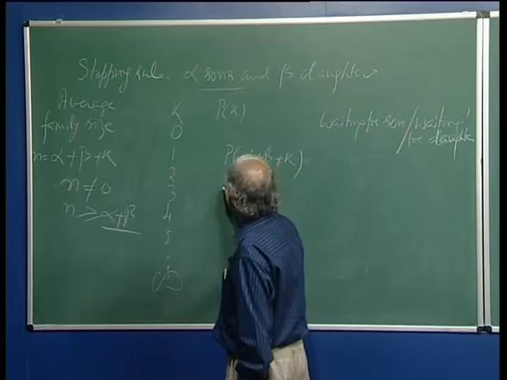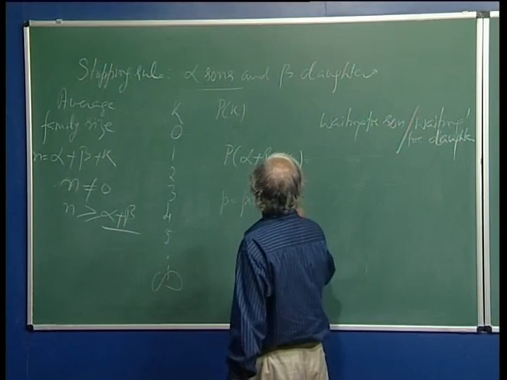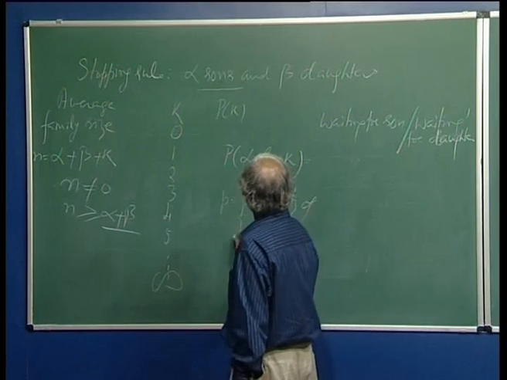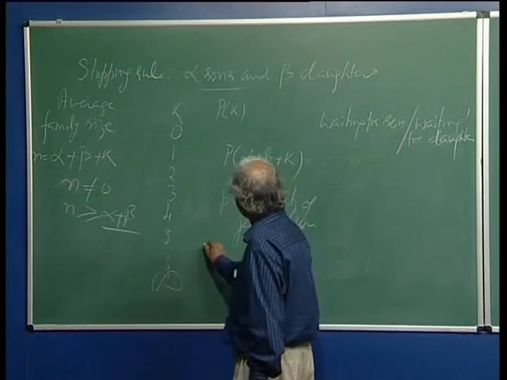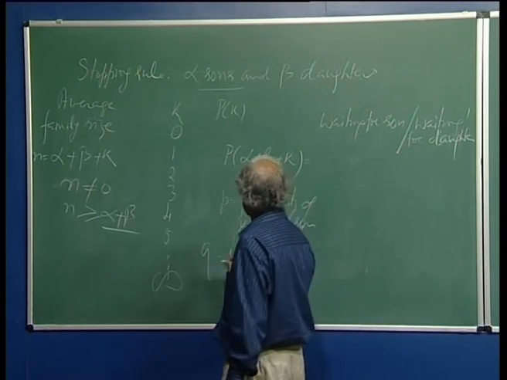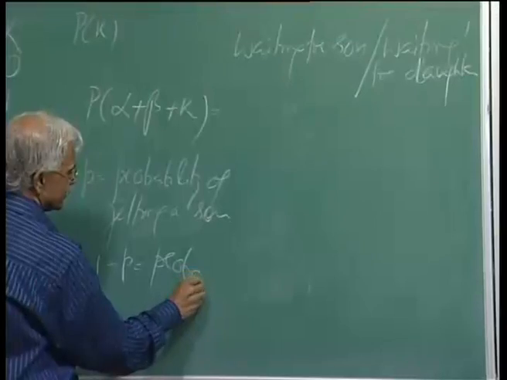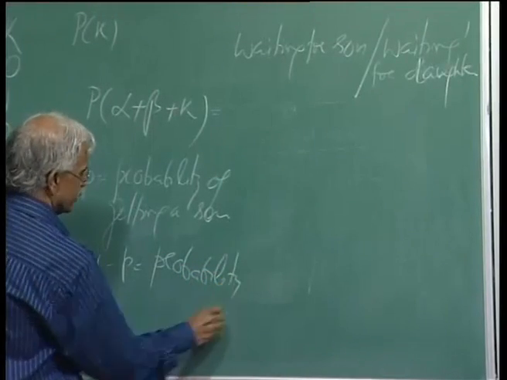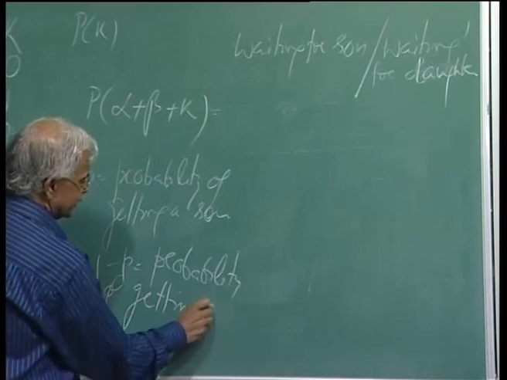Let P be the probability of getting a son, and Q, or 1 minus P, the probability of getting a daughter.